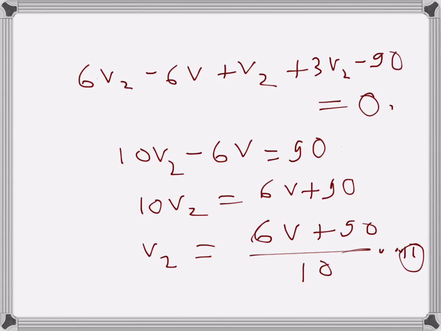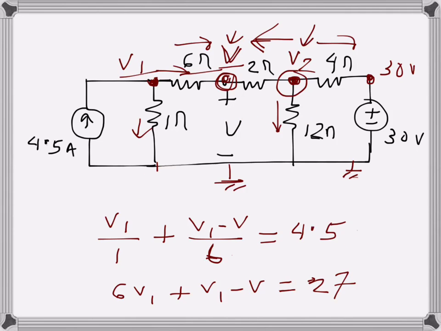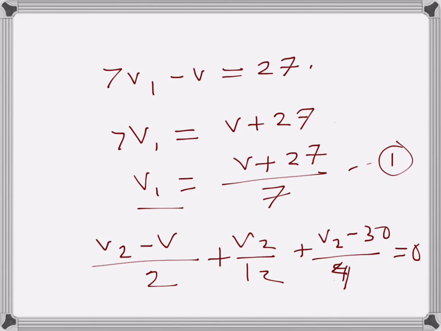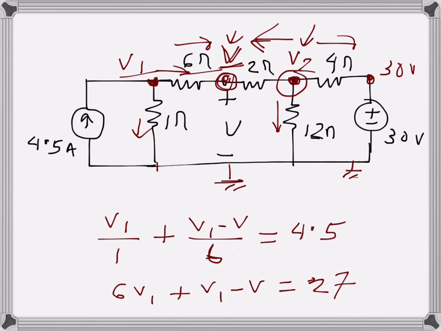So I will write V1 minus V over 6, that is the entering current, and the leaving current. I have now written the entering current on the left hand side, but it doesn't matter basically.